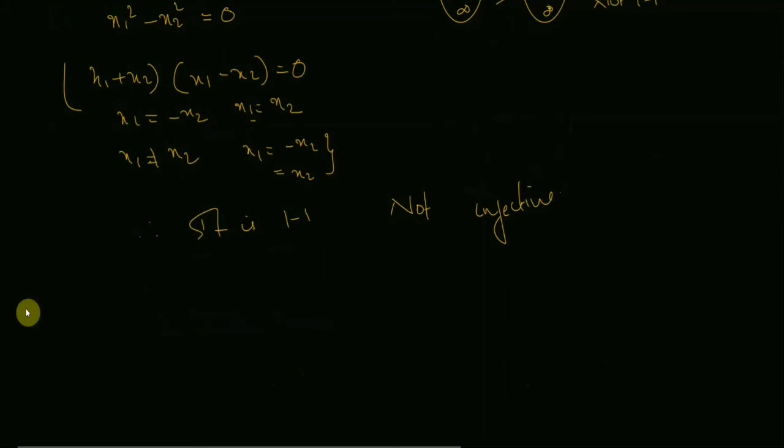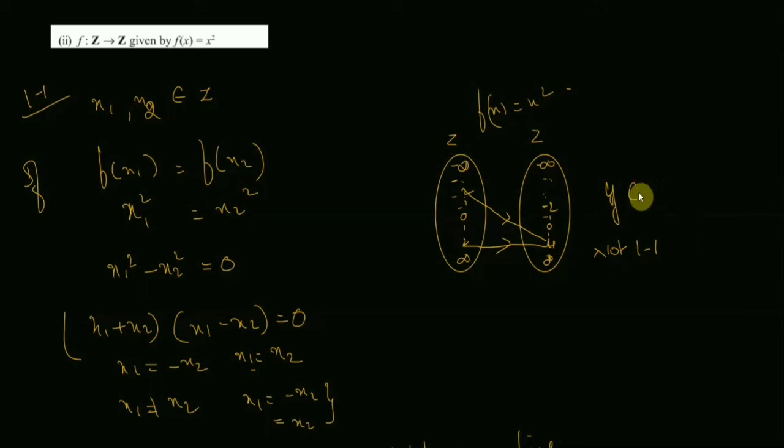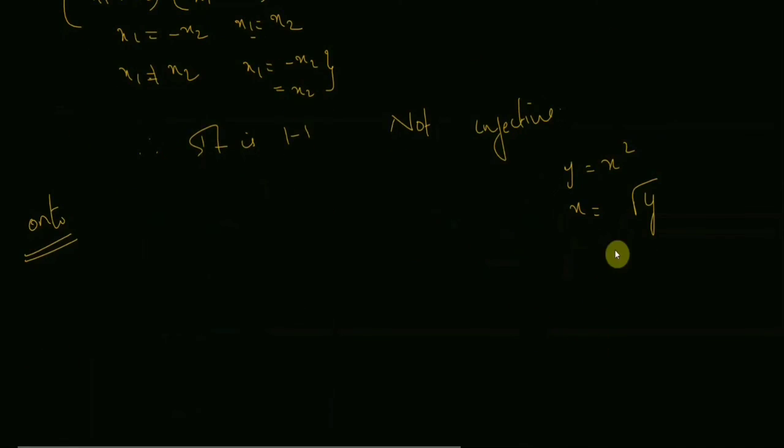Now we have to check whether it is onto or not. So the function is y = x², so that means x is root of y. For every y in Z, any y you take, for example, you take −2. x should be root of y.